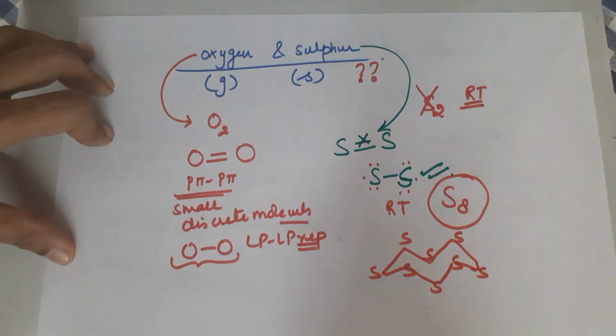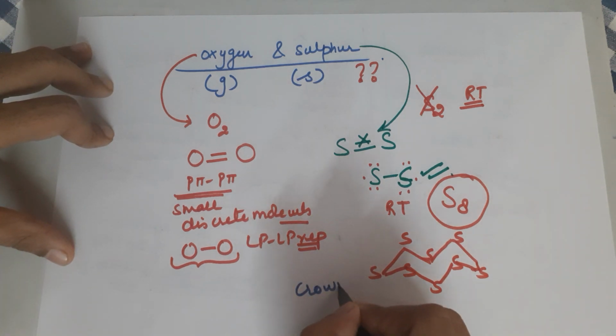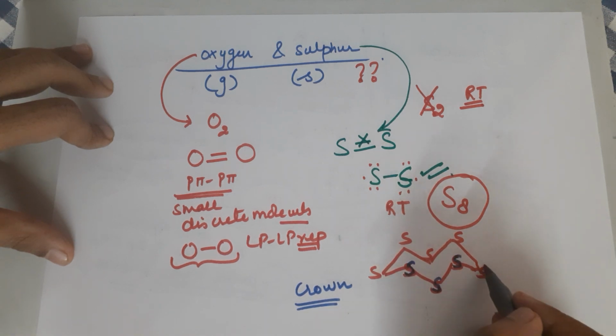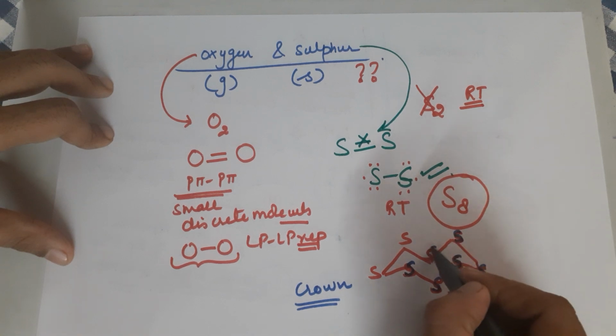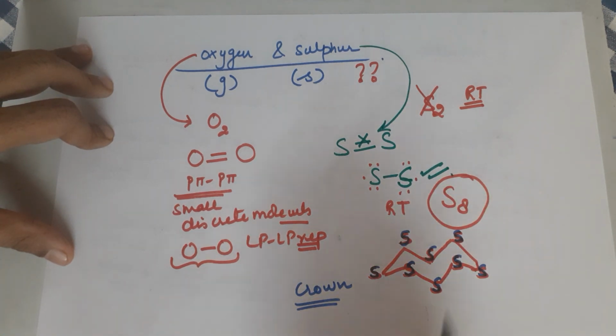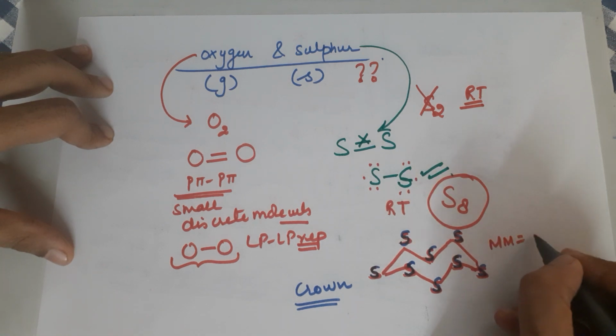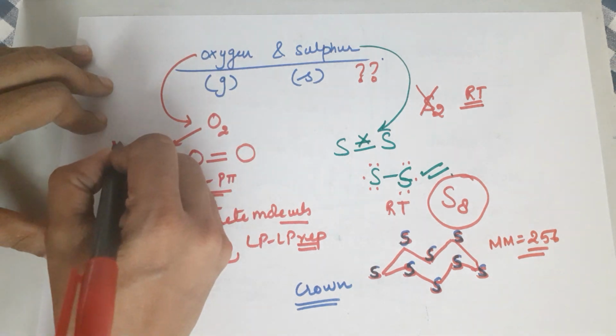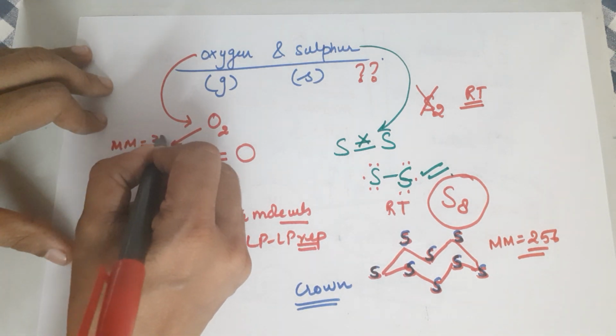An S8 crown-like structure where each sulfur has two single bonds and it does not have any double bond in it, because sulfur does not have the tendency of multiple bond formation. Therefore, the molecular mass of this would be 256 in comparison to the molecular mass of oxygen, which is 32.